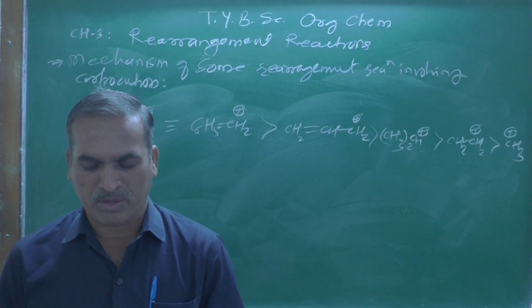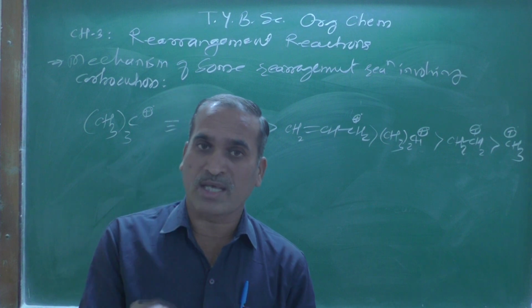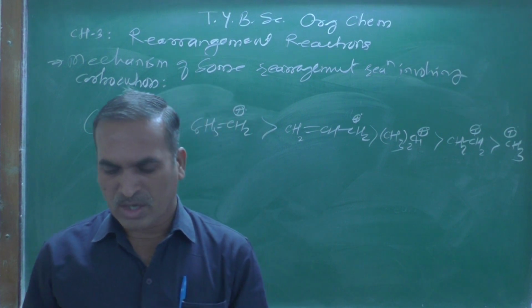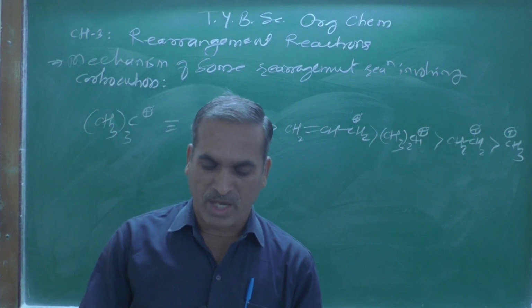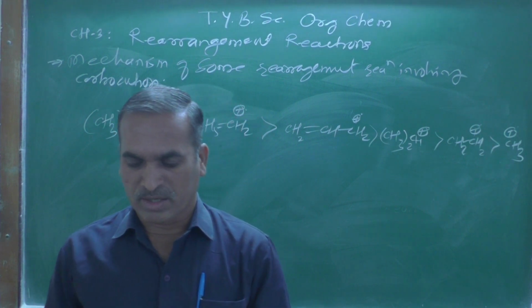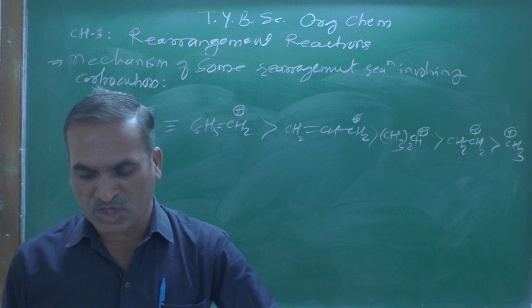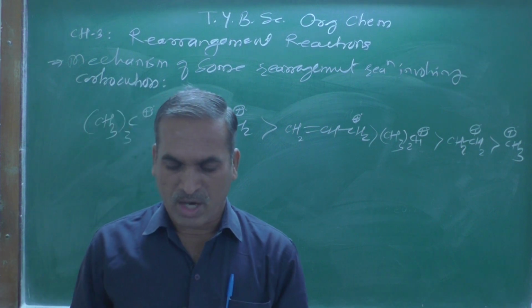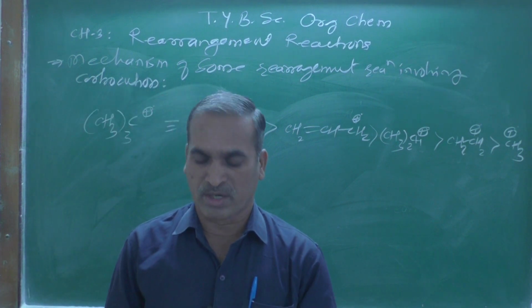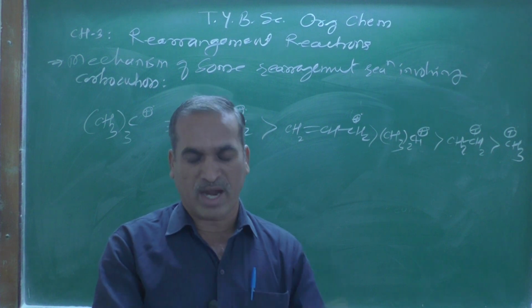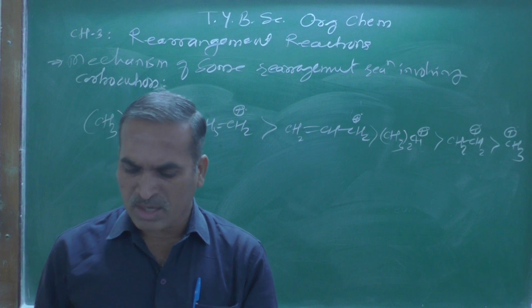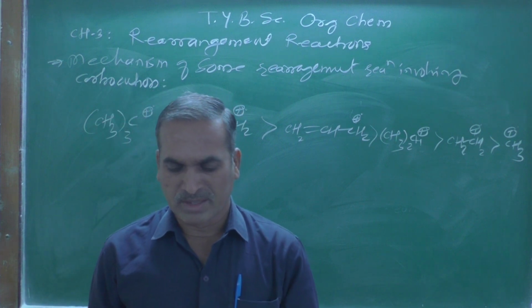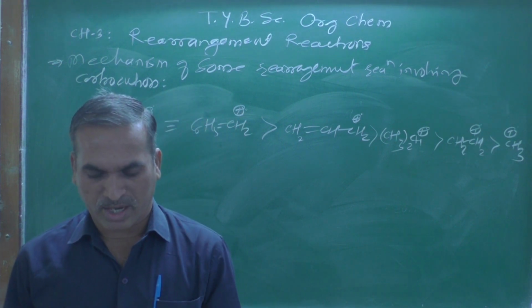Some examples of non-classical rearrangements are the Wagner-Meerwein rearrangement, the pinacol-pinacolone rearrangement, and rearrangement of the carbon chain during hydrolysis, substitution, elimination, and Friedel-Crafts alkylation.